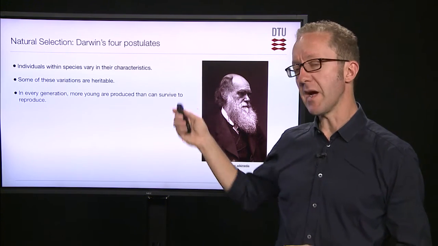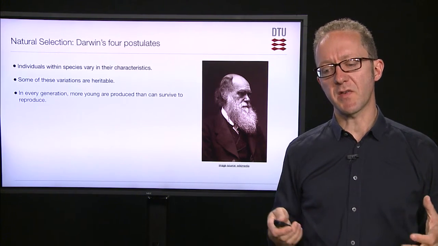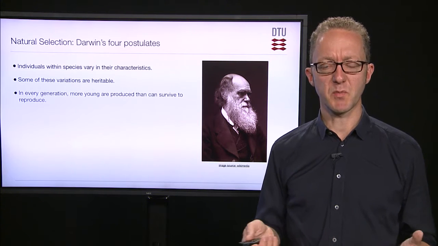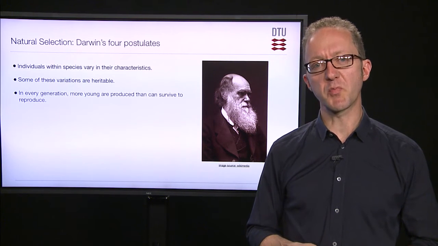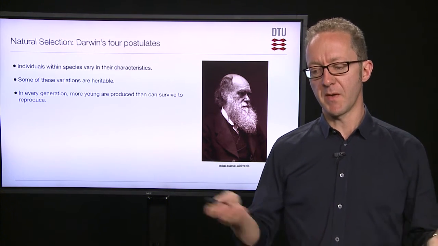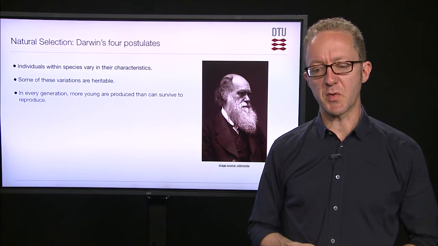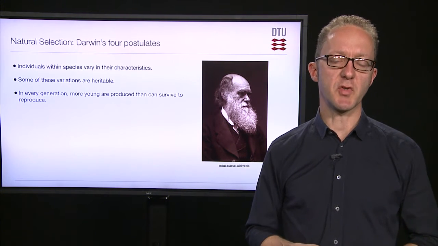For instance, Darwin actually at some point has a discussion about elephants, which he took to be one of the slowest breeding animals he could think of. They are pregnant for a quite long time and they don't get that much offspring.